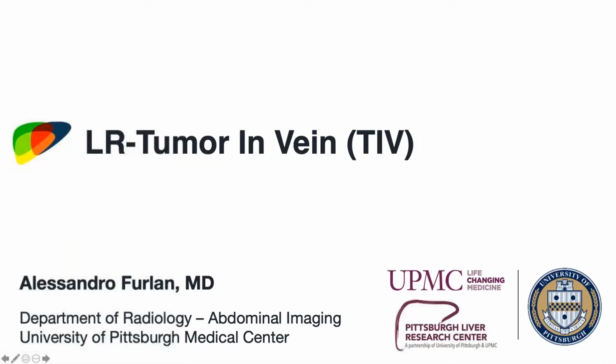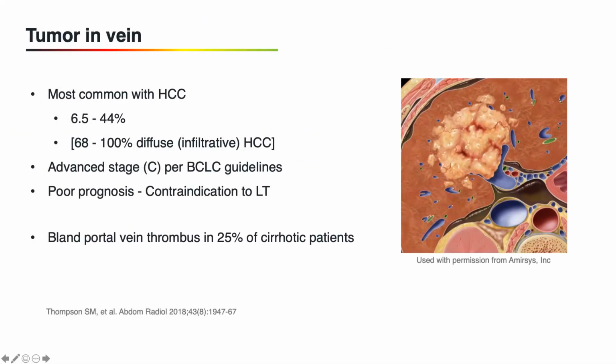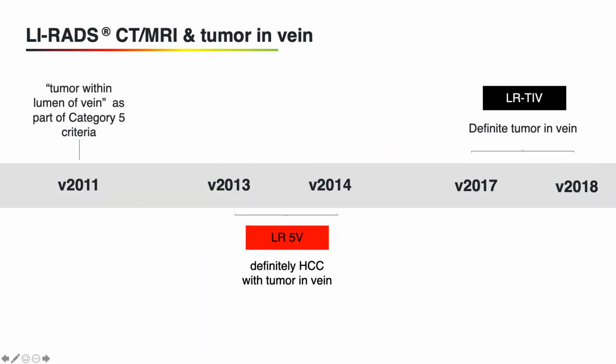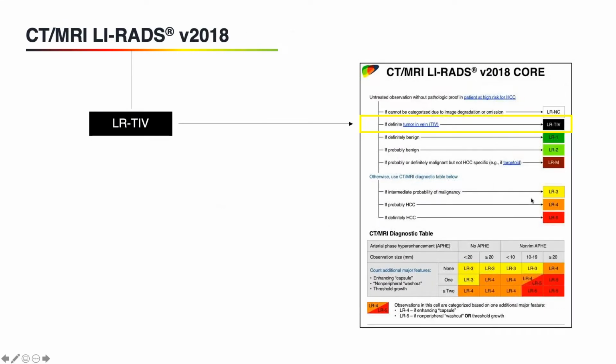Let me pull up the slide one more time. It's just here, and then I go back to my picture. So it's up here. So it's a category that you have to exclude before assigning 3, 4, and 5.